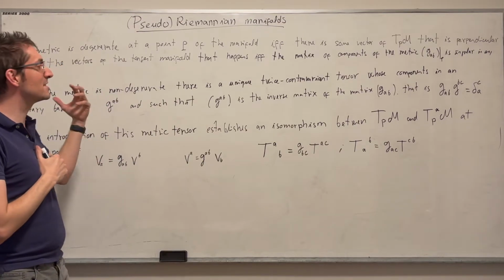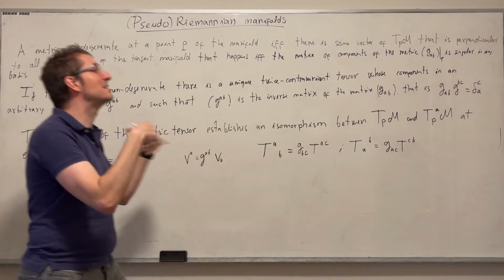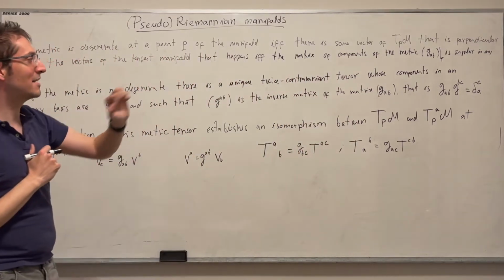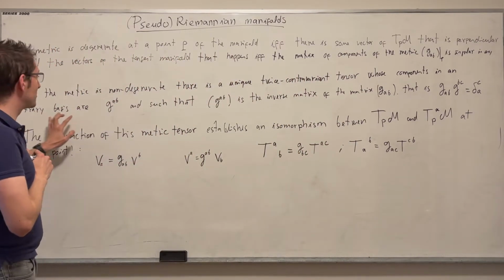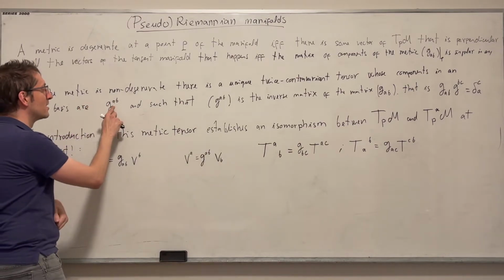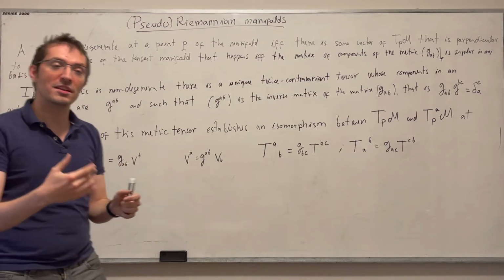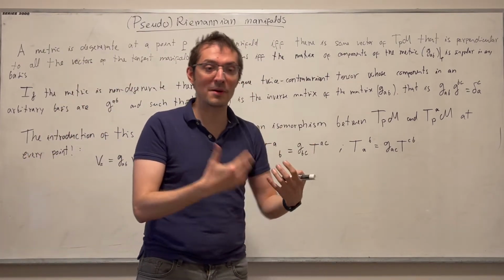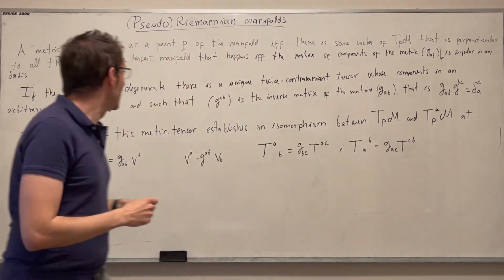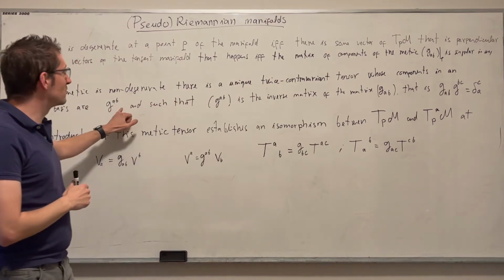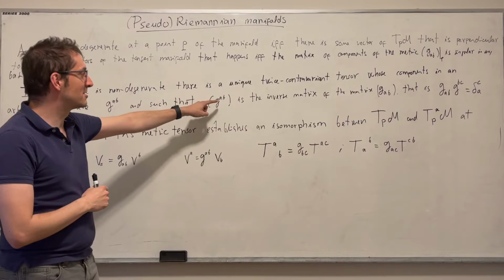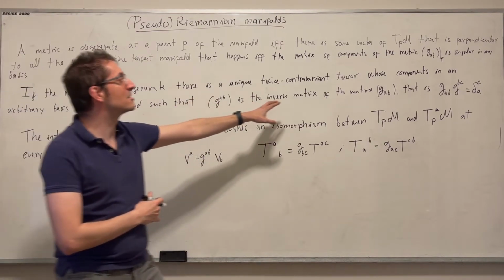And now, if the metric is non-degenerate, I can find a matrix inverse to this matrix. And I can find a twice contravariant tensor whose components in an arbitrary basis I'm going to write as g with superscripts, very similar to what we did in the second video and in the special relativity video, but now a little bit more fleshed out. This new twice contravariant tensor, defined with indices upstairs, I'm going to define as the inverse matrix.